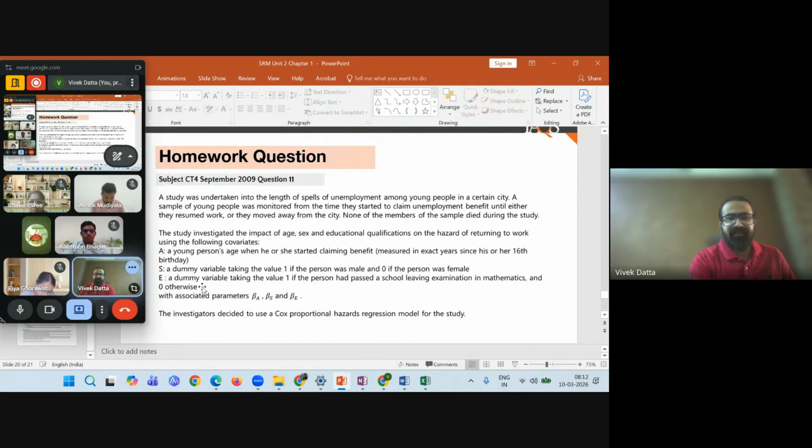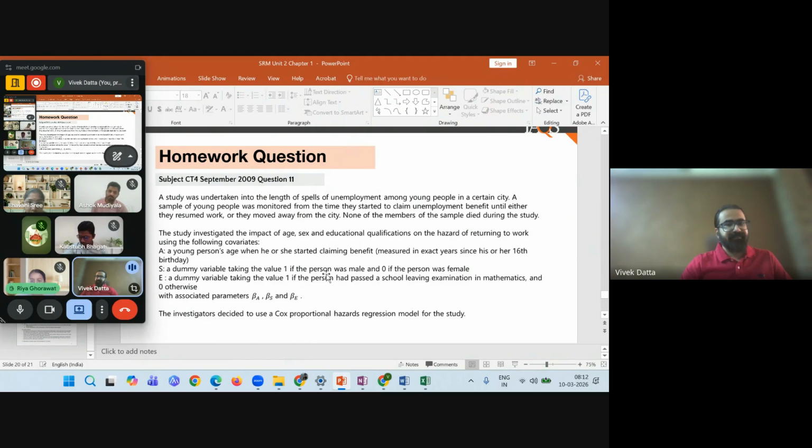And it is 1 if you are a male. That means males have a higher chance of not resuming work compared to females, or the other way around. What does it mean?